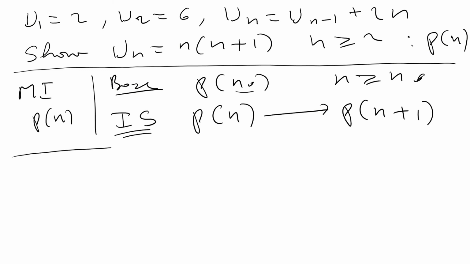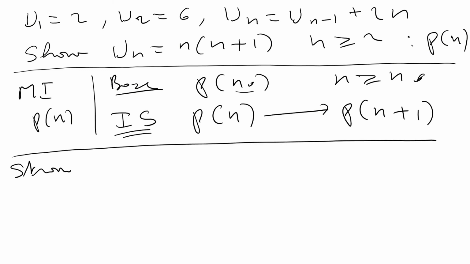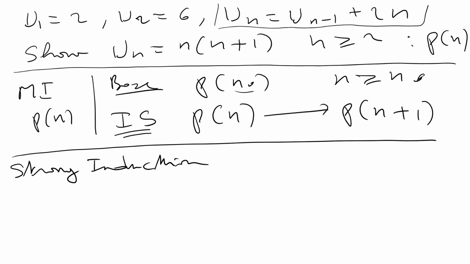Now for strong induction, especially when you have to deal with a recurrence relationship like what we have here, that means you can get the next term based on the previous terms. Generally for the base case, you can have more than one thing to check.